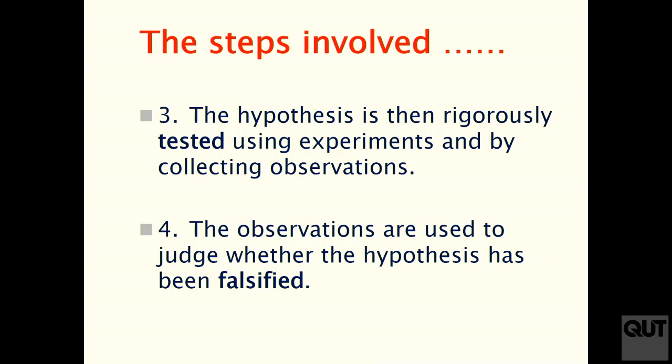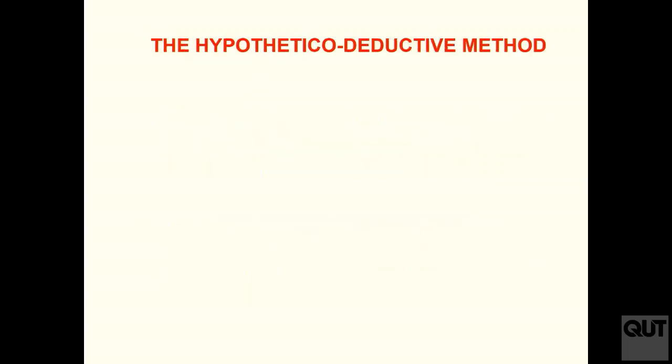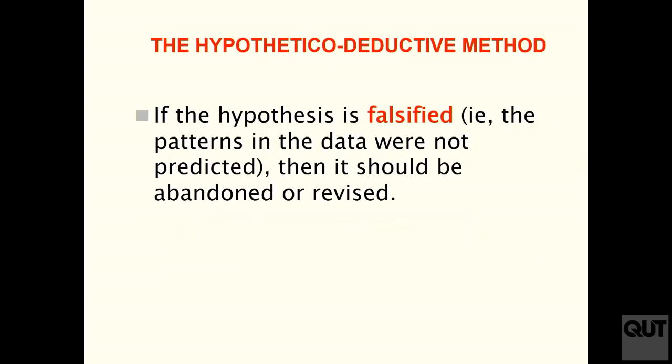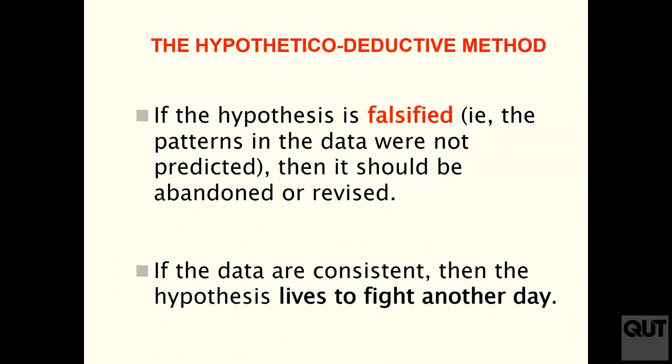This is getting really to the core of the matter now, right? This is where I get most excitable. If the hypothesis is falsified, the patterns in the data were not predicted, then it should be abandoned. If the data don't match what you predicted, you abandon that hypothesis.